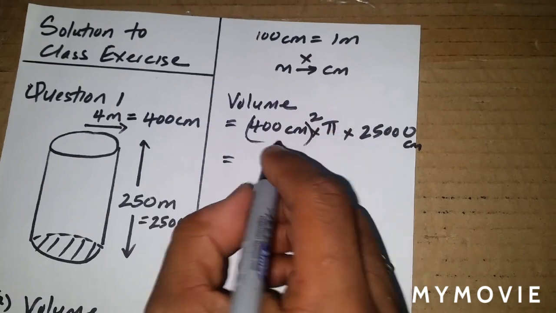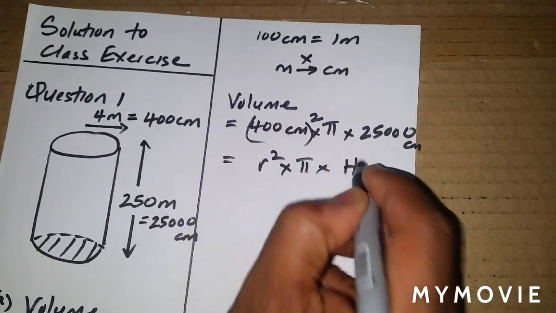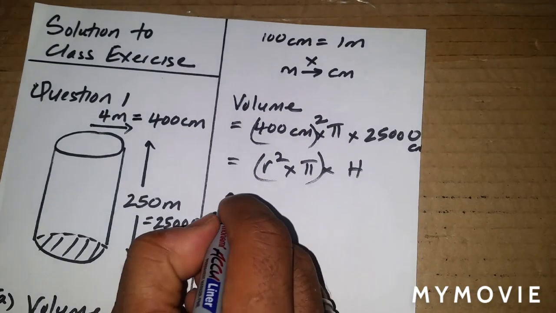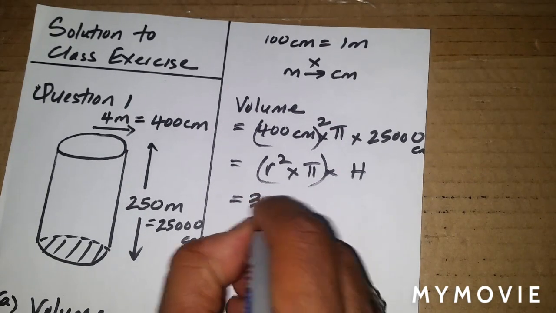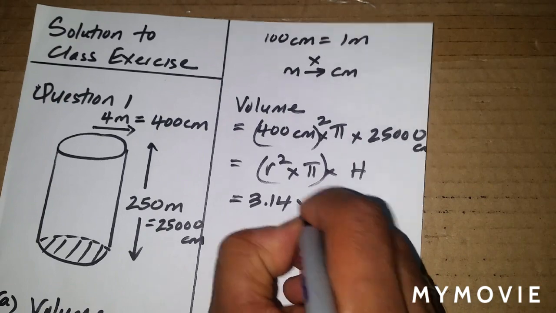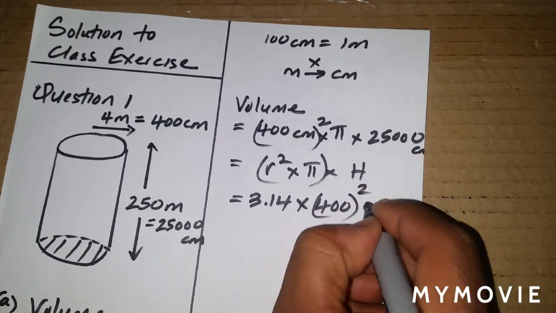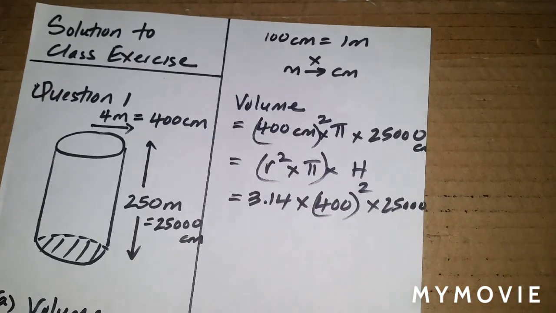So again, this is the same thing as saying r squared times pi times height, which is pi r squared h. So I'm just writing it out of convenience, okay? Just to write it the traditional way, 3.14 times the radius, which is 400 centimeters squared, times the height.